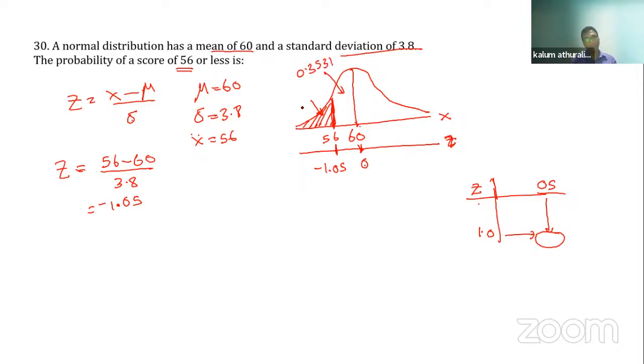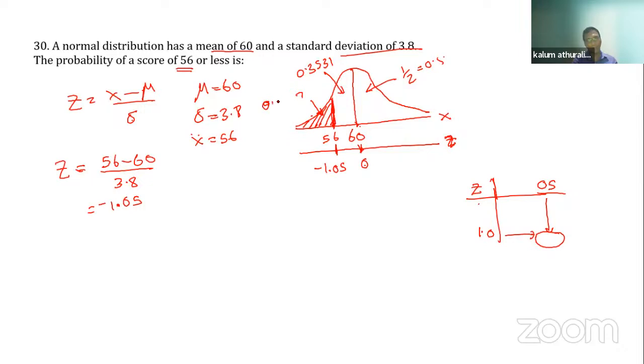But we want the area of this other part. The total area of the normal distribution is 1. This is a symmetric curve, so each side is 1 divided by 2, which is 0.5. One side of this area is 0.5, and this side is also the same. If you know this area, then you can find this one.